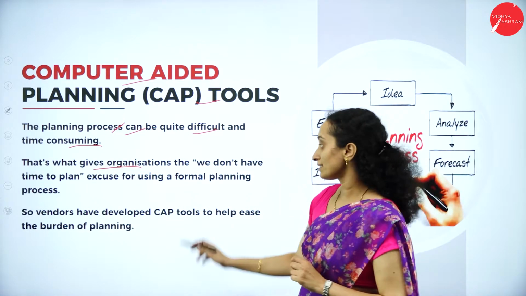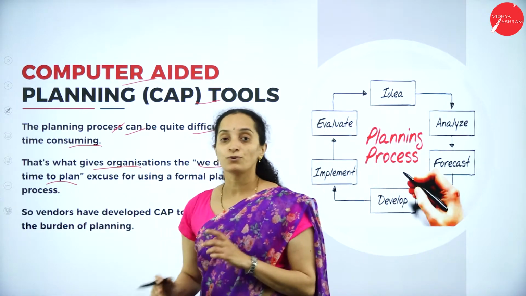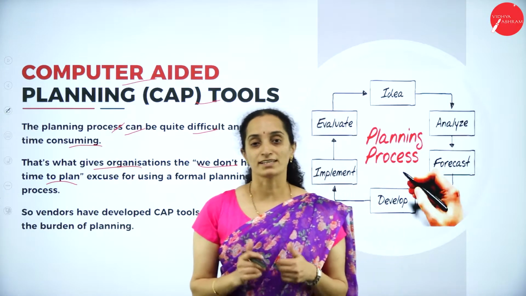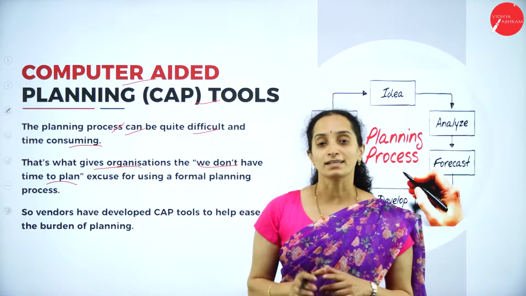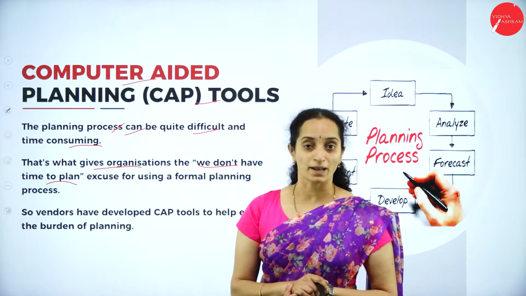So for this, organizations have the mentality of "we don't have time to plan." If there is a failure in the plan, they say that we didn't get time to make a proper plan.